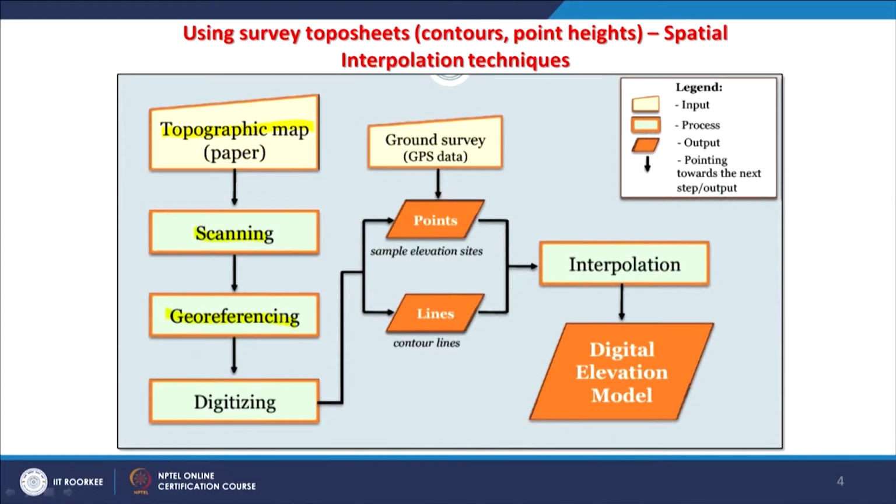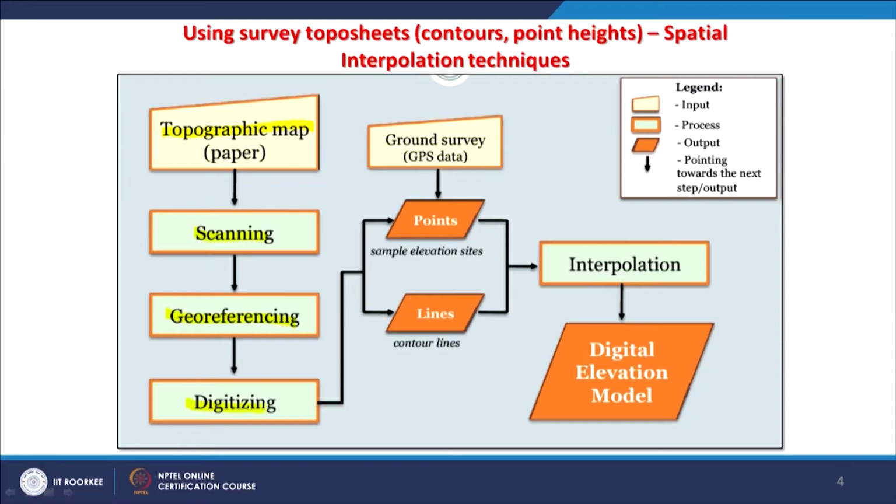And you have also seen this part while we were discussing georeferencing, because deliberately I did georeferencing on a topo sheet. So there will be a link here. First you have to do the georeferencing of the scanned topo sheet, which becomes basically your raster, and then you can digitize different features present in a topo sheet, for example contour lines, point heights, stream network, drainage network, road network, rail network, and so on.